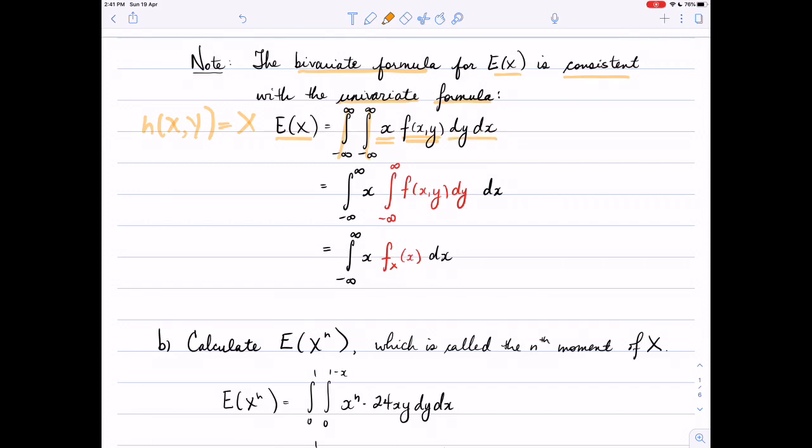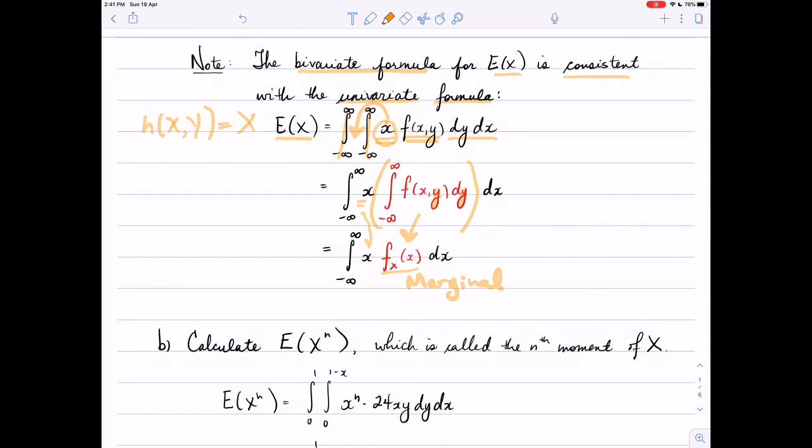But if we take this one step at a time and do the inner integral first, which I've written here in red, then that x value is a constant, and it can just come outside. So we have x times the inner integral, and that inner integral is over all y values, so we are integrating out the y, which is exactly the definition of the marginal distribution. And so that inner integral gives us f sub X of x.